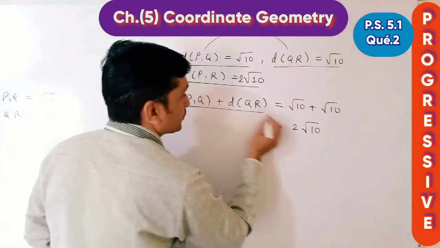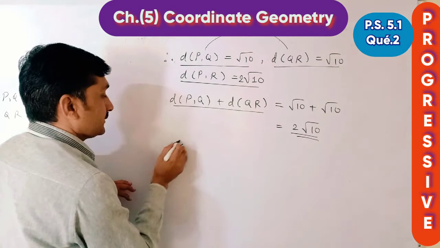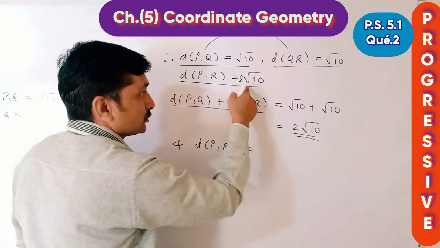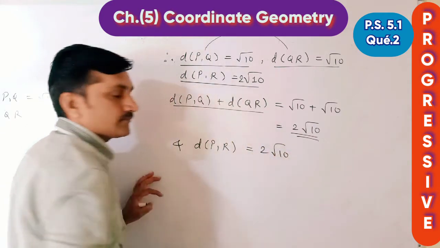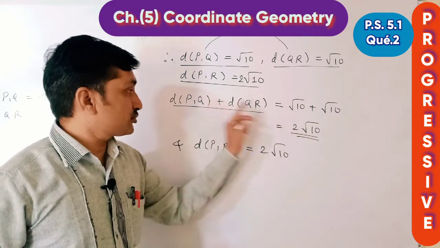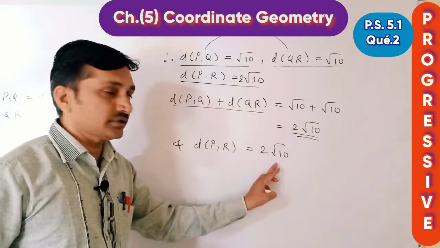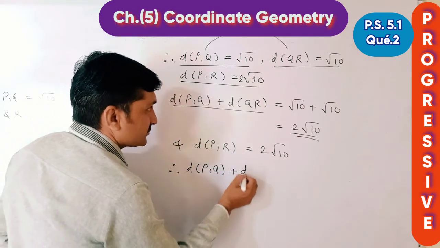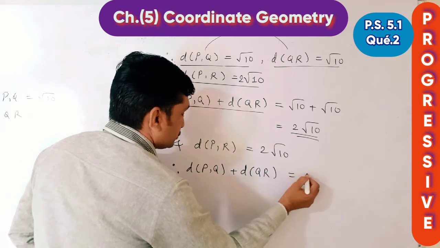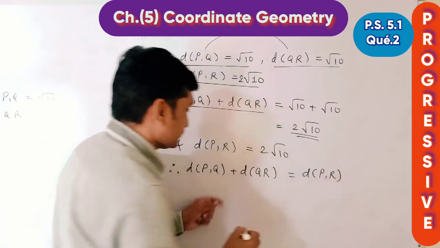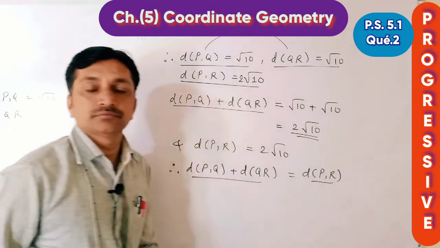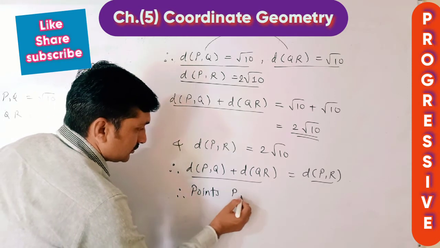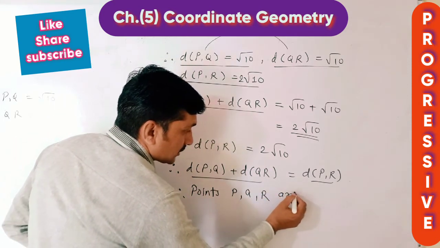See here, the addition of these two is equal to 2 root 10, and distance PR is also 2 root 10. Therefore distance PQ plus distance QR is equal to distance PR. This means the sum of any two is equal to the third, and that's why we can say points P, Q, R are collinear.